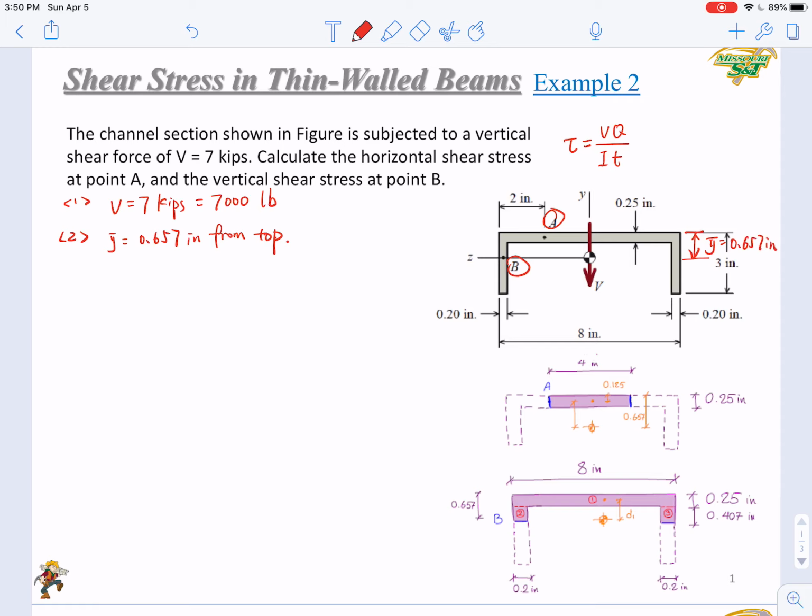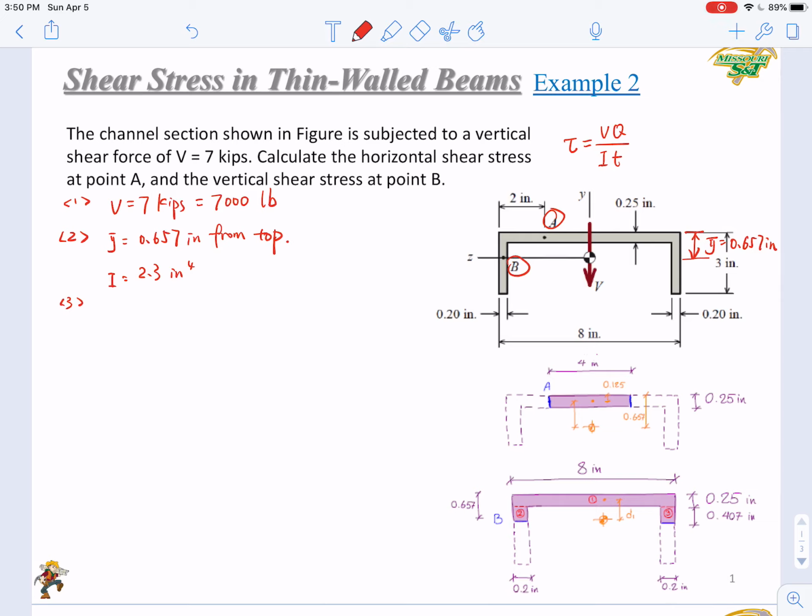The I equals 2.3 inch to the 4th. Step 3, we will calculate the Q, and then we can calculate the tau at point A.